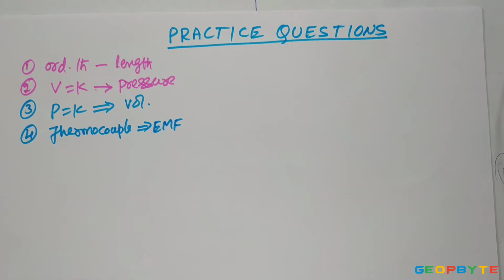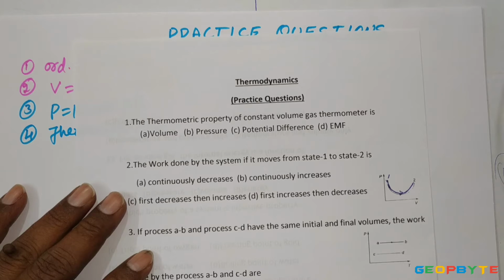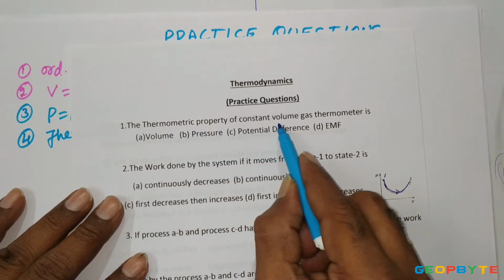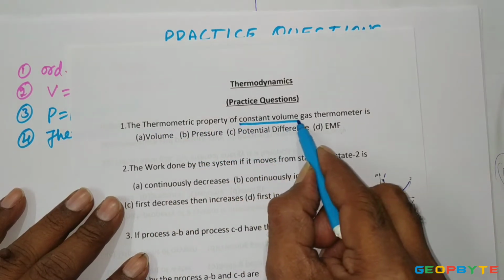Similarly, for electrical resistance thermometer, resistance is the thermometric property, whereas intensity of radiation is the thermometric property for pyrometers. The given problem is the thermometric property for constant volume gas thermometer.